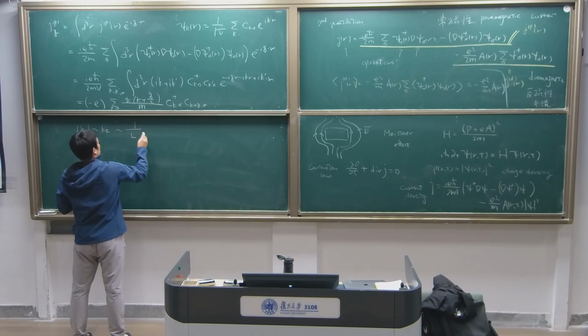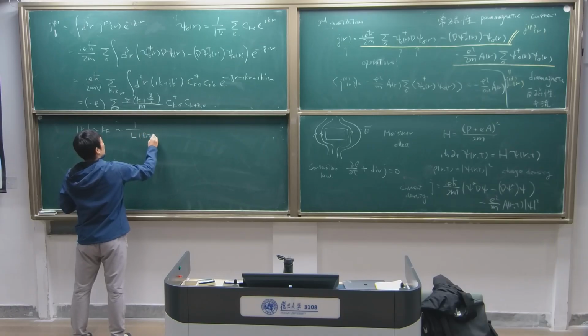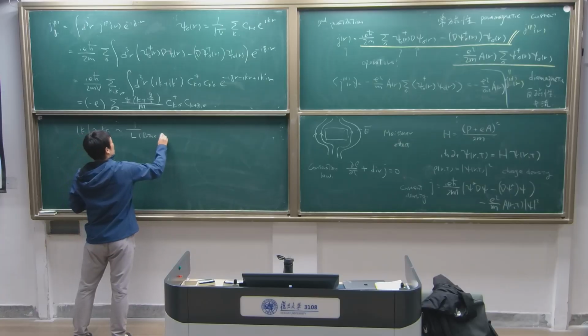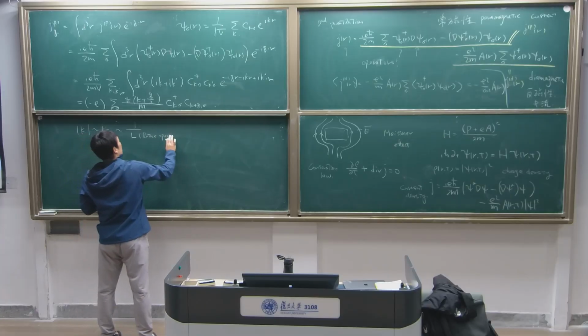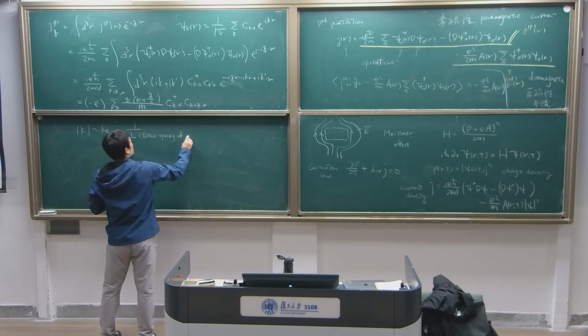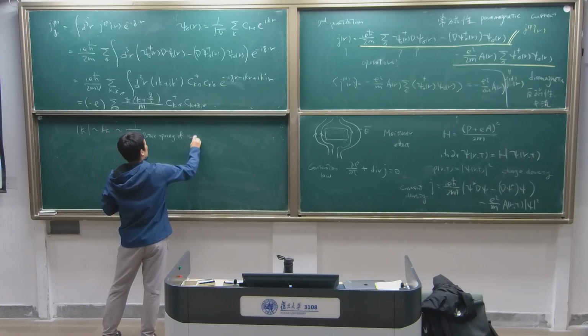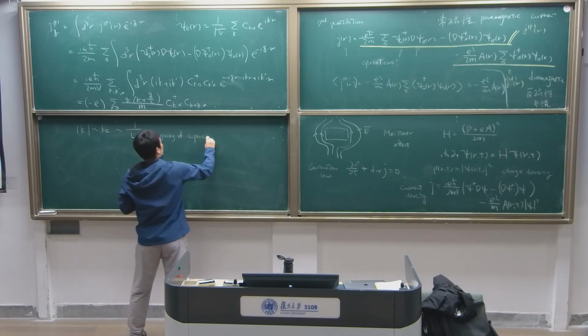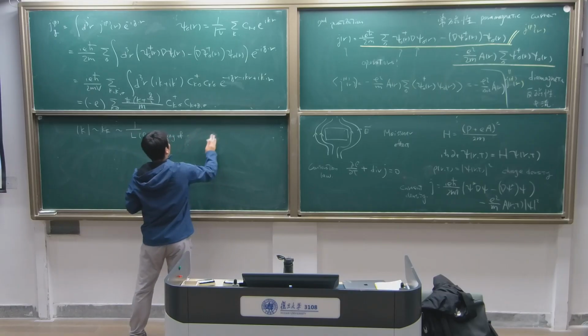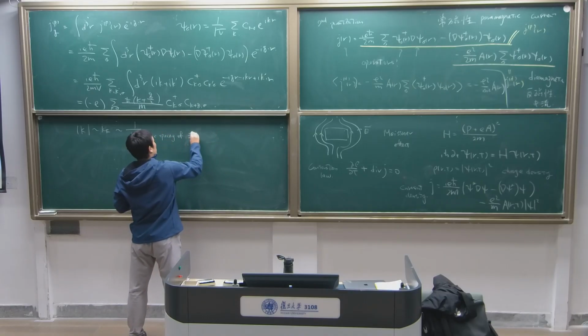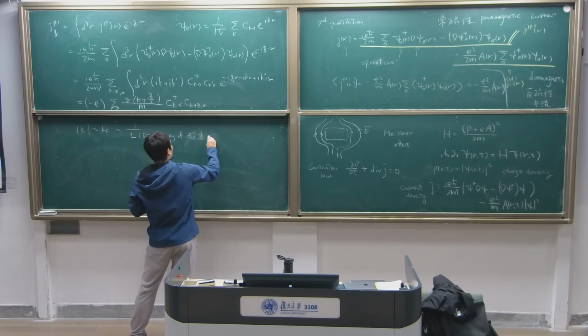Say lattice spacing L is the lattice spacing of the superconducting material, the conducting material, the metal.